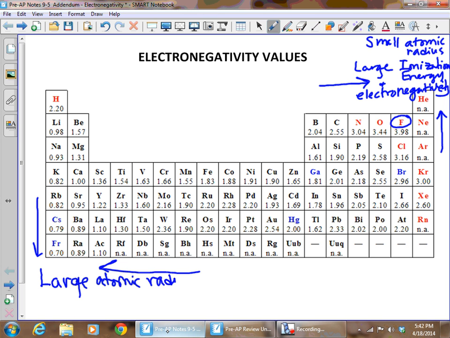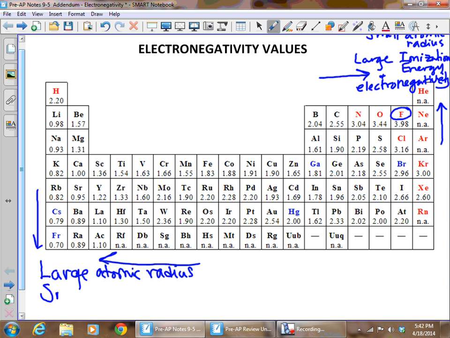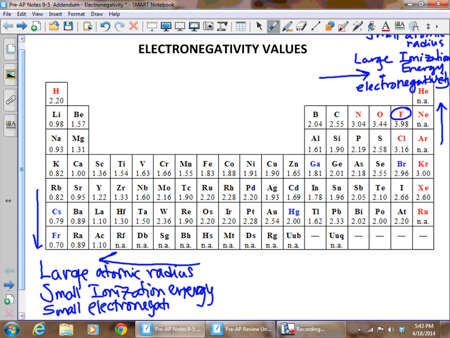Those are your bigger atoms over here, but this is where you're going to get a small value for both ionization energy and for electronegativity. So you need to know that relationship so you can make those determinations when you're looking at the periodic trends. So know those.